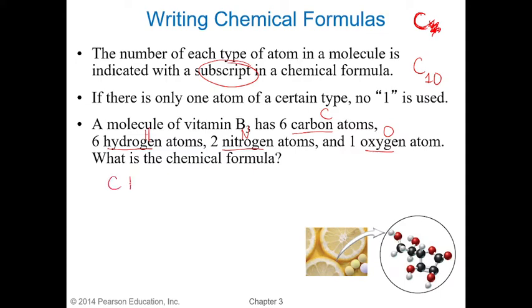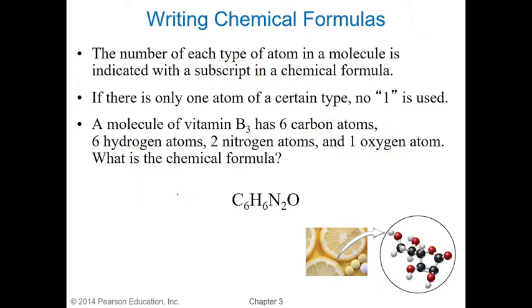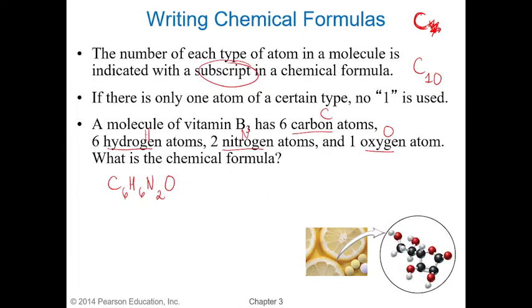So C, H, N, O. So you just put how many carbons there are? 6. How many hydrogen atoms? There's also 6. Nitrogen atoms will be 2 and then just 1 oxygen. So no need to write 1 here. So the answer is C6H6N2O.